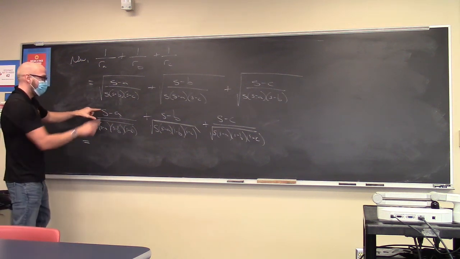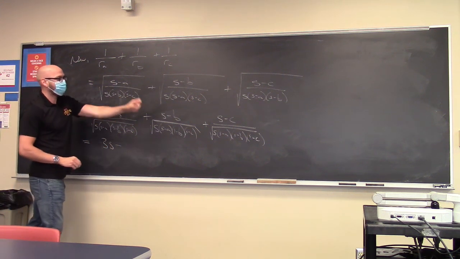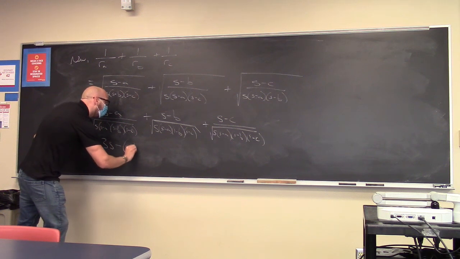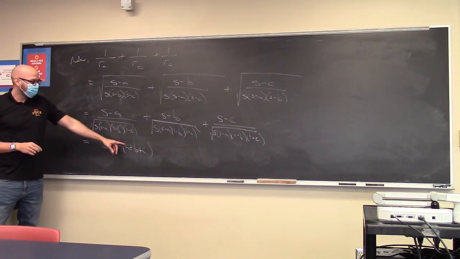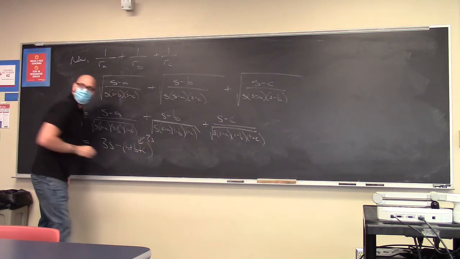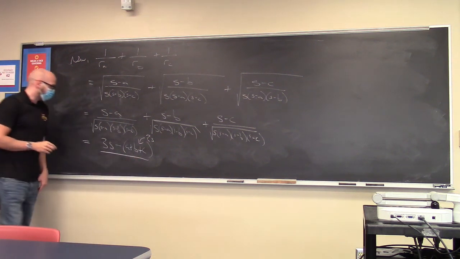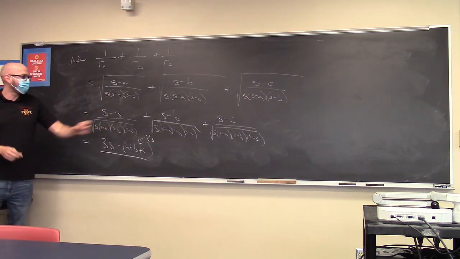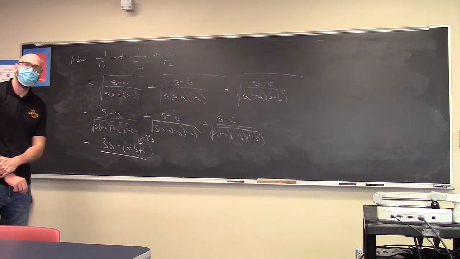What do I have up top? s plus s plus s is 3s, minus (a plus b plus c). What's a plus b plus c? That's the perimeter, so that is 2s. What about the bottom here? Square root of s times (s minus a)(s minus b)(s minus c). That should look familiar to you. What's that equal to? That's Heron's formula, right? So that's k.